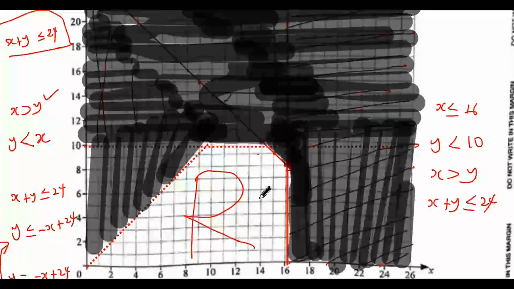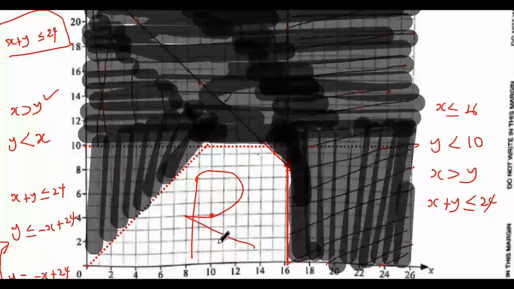So let's pick a point or 2 points here, and check it with these four inequalities. So if I select this point here, x equals 10 and y equals 4. So for the first one, x is less than or equals to 16, which is correct. The value of x here is 10, so x is less than 16. Okay. So the second one is y is less than 10. Because here y equals 4, so it's less than 10.